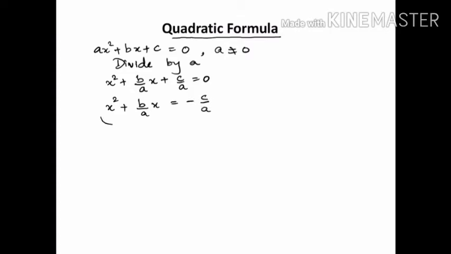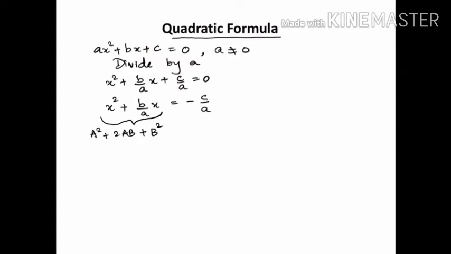Now we need to write the left side of the equation in the form A square plus 2AB plus B square, so that we can write the left side as A plus B the whole square. I am using capital A and capital B to distinguish from the coefficients of the quadratic equation that we are using.